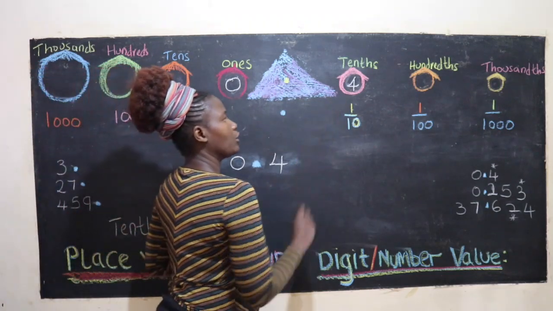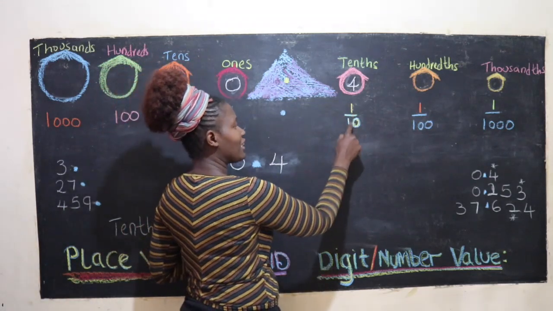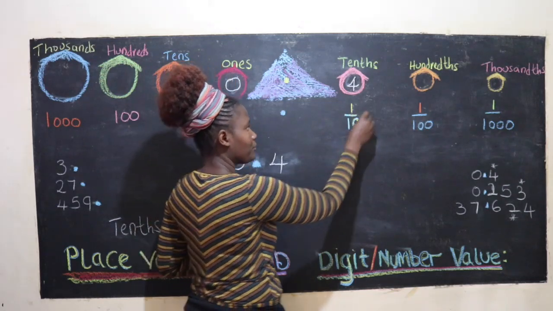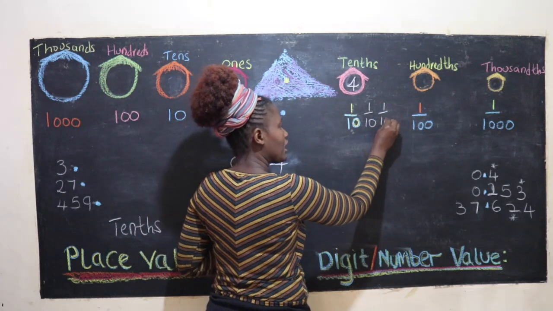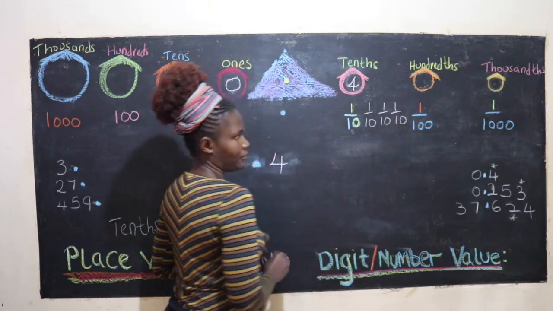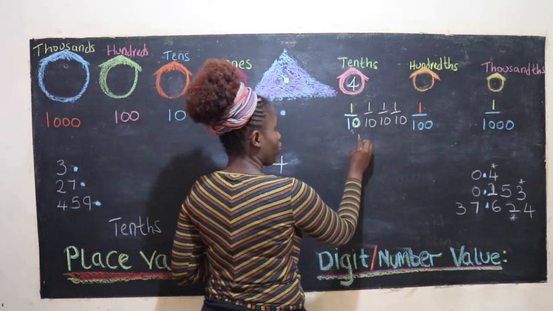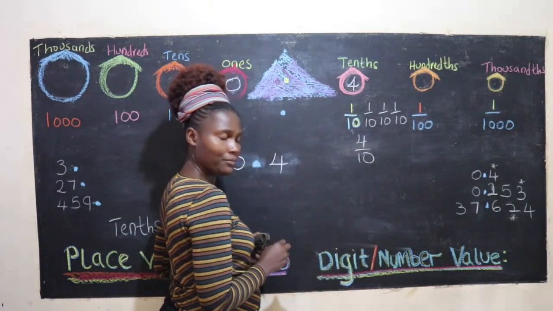What about the value of the digit? We have a tenth, but there are 4 of them. There's 1/10, then there is another tenth, then there is another tenth, then there is another tenth. When you put them together, you find that you have 4 tenths.